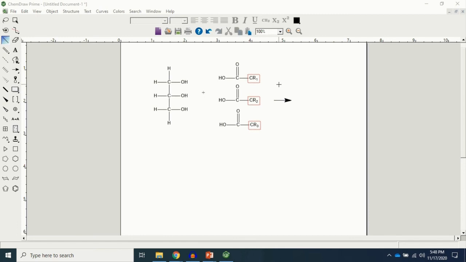Any edible oils that we eat, for example olive oil, palm oil, sunflower oil, soybean oil, these all have very much this very same structure. It's got a fatty acid and it is interacting with an alcohol. Let's have a look at this.